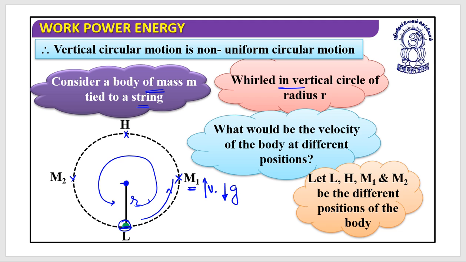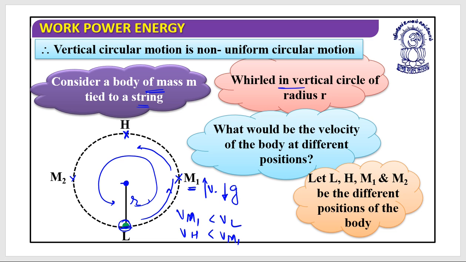So the velocity at M1 would be less than the velocity at L as it moves further upward and reaches H. Again, the velocity at H would be less than the velocity at M1.